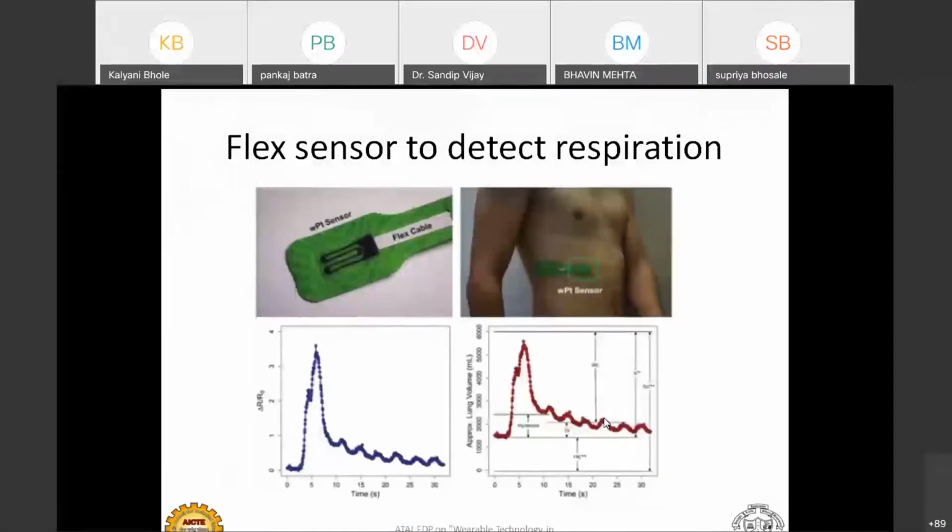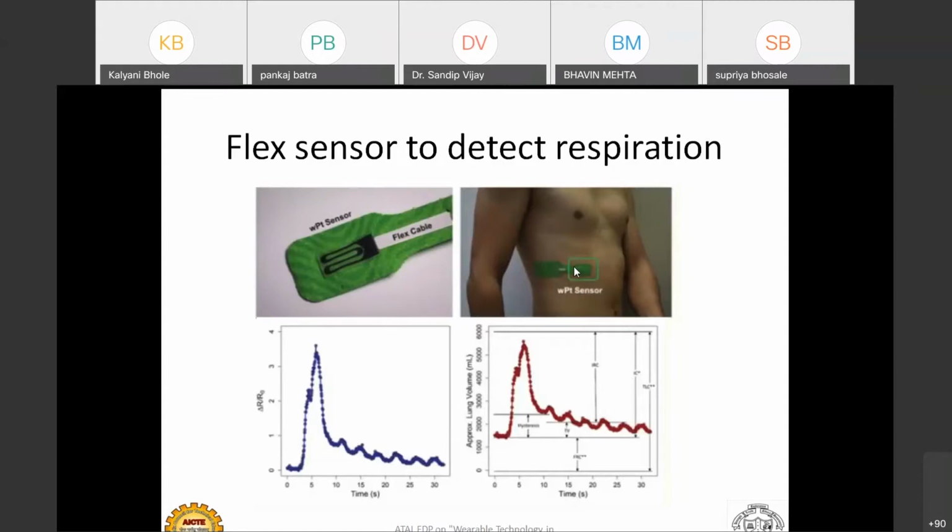This is an example of a flex sensor to detect respiration. Measurement of respiration is one of the most important parameters that needs measurement. You can see this is a very small flex sensor.